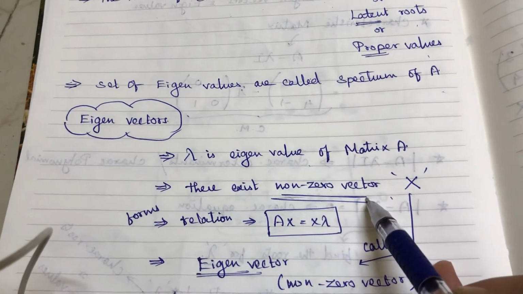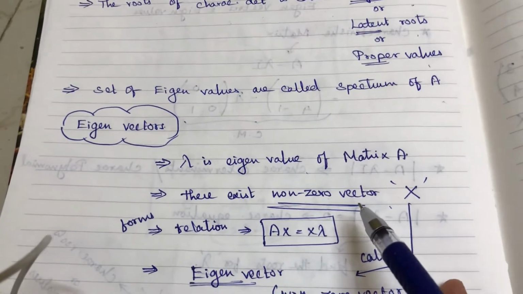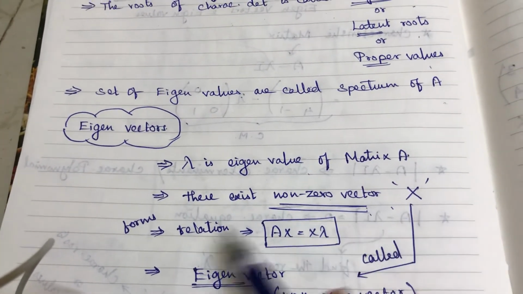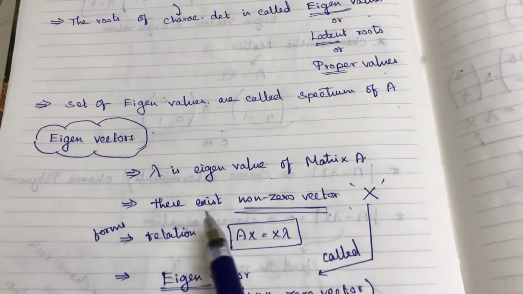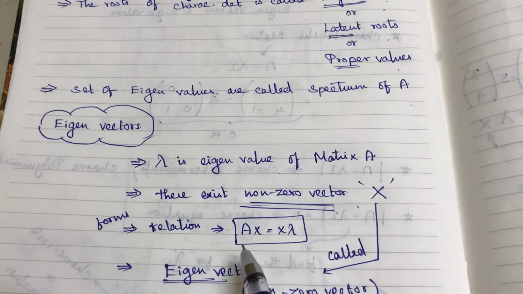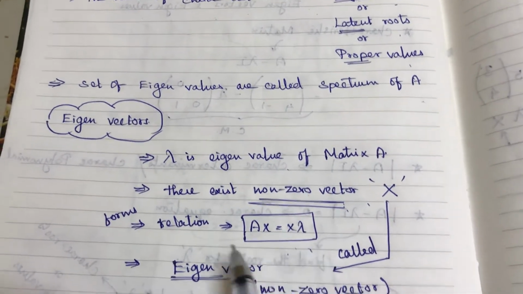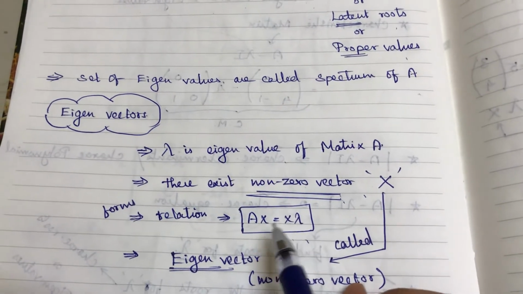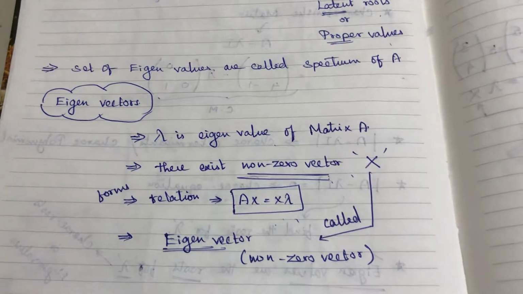Non-zero means there will be no zero element in the vector. That vector is named the eigenvector. Using the non-zero vector we can make the relationship Ax equals x lambda. So this x is a non-zero vector, which is the eigenvector.